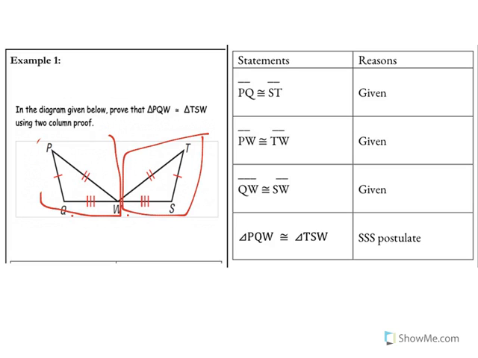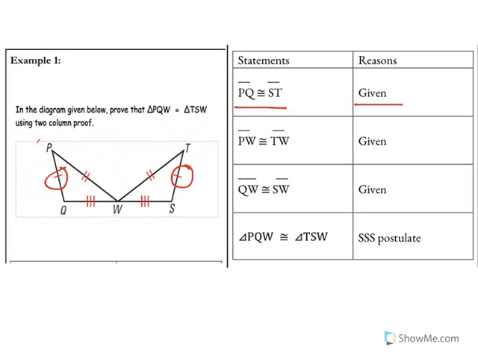All right, so we've got our 2 triangles and we need to prove that they are congruent. So let's take a look. First of all, I can say that line segment PQ and line segment ST are congruent. And I say that it is given because I saw one tick mark. That tells me that those 2 are congruent.